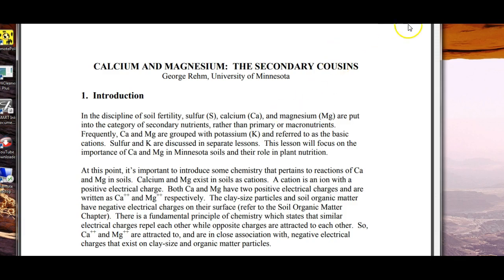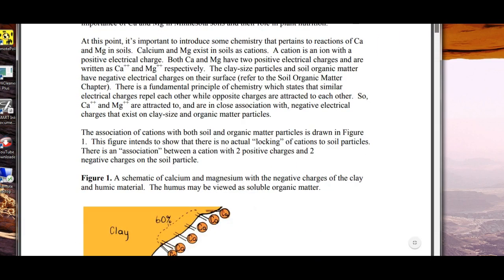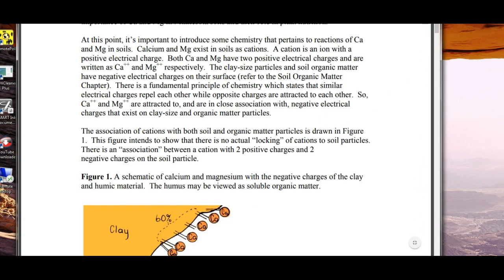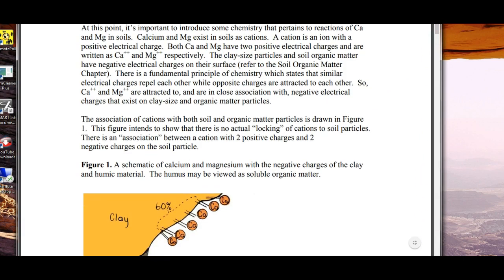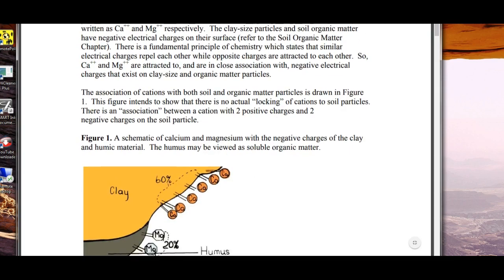So it says here, it's looking at the importance of calcium and magnesium in Minnesota soils, but we could pretty much put that across the scale when we look at calcium and magnesium in soils. And again, they both exist as cations, and so that's a positive charge. Both of them have a +2 charge. And your clay-sized particles are all negatively charged, because of the clay and organic matter.